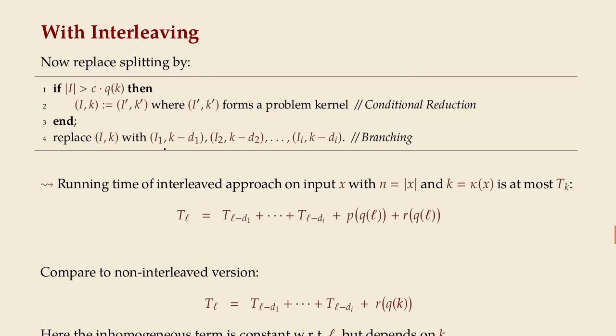We know that some of these cases has to find the witness if there is one, the usual kind of thinking that we've seen in the examples. And these are somehow smaller instances with smaller parameters. But now before we apply our rule for splitting the instance, we check whether the instance is actually large. So C is a tuning parameter that we can choose.